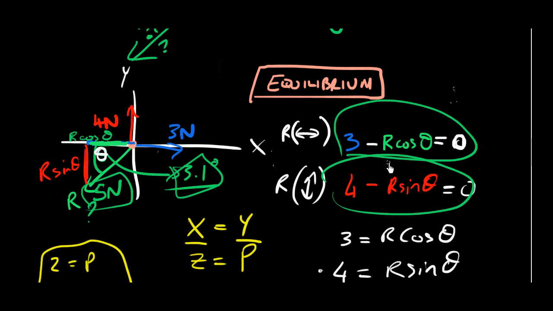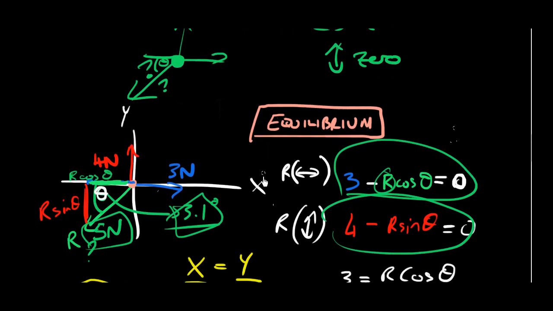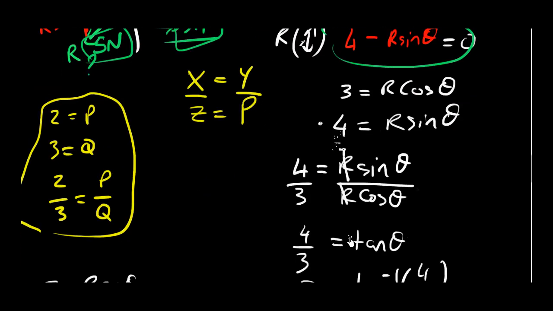We can't really add them or subtract them because we're just going to have a mix of sines and cosines and they won't cancel so much. So the best thing there is to divide, because then the r's will cancel and you're left with a sine over a cos, and that's a tan, and you can solve for theta and then put it into either of these two to find your r. Hopefully that makes sense. You'll do quite a lot more practice with that, and it'll be fine.